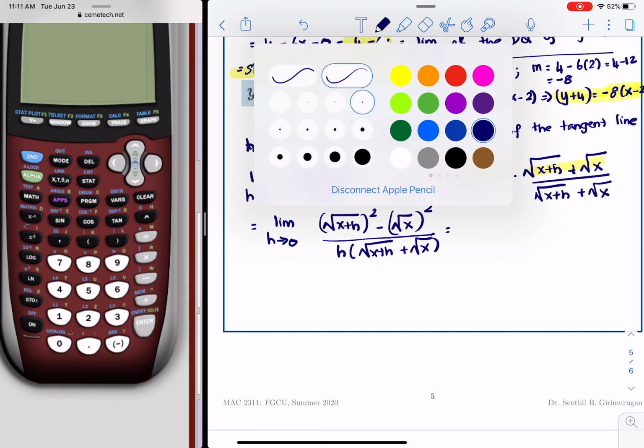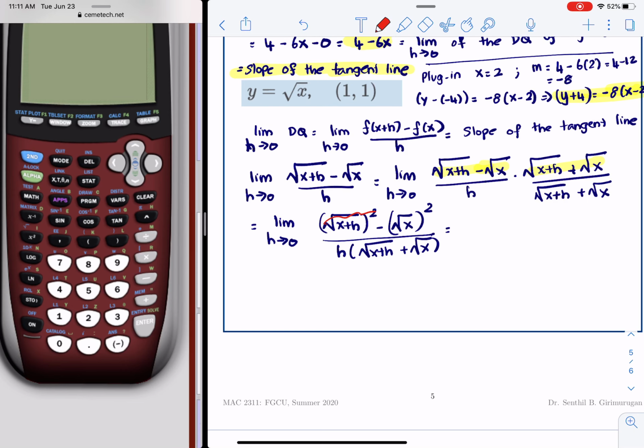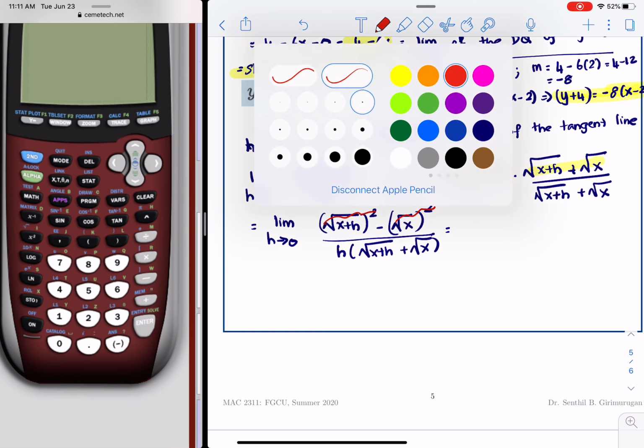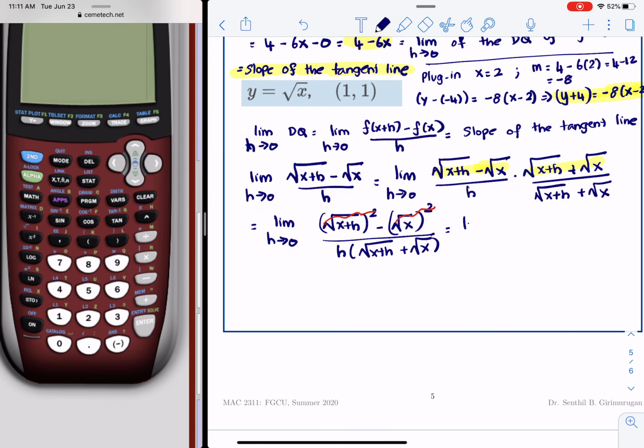The root and the square would get cancelled, and we would simply have limit h approaches 0, x plus h minus x divided by h times square root of x plus h plus square root of x.